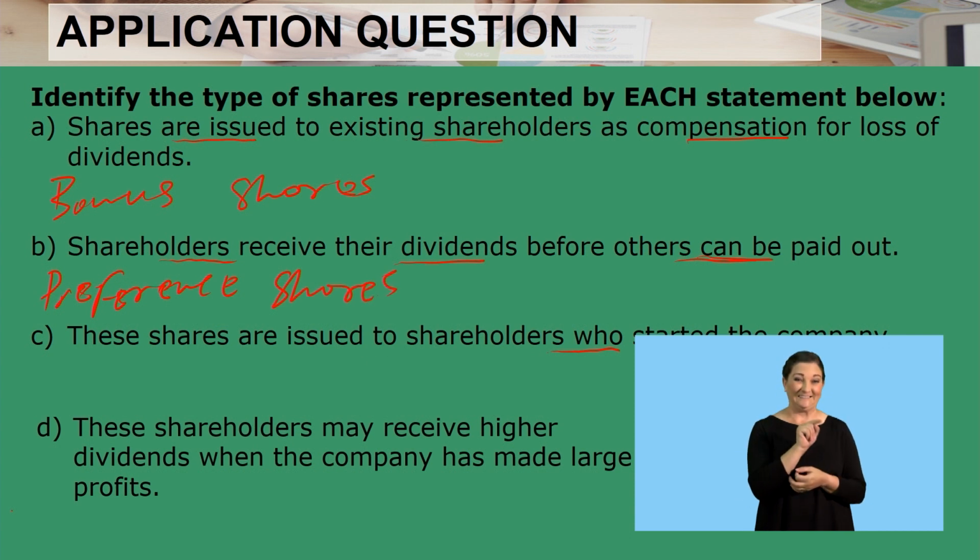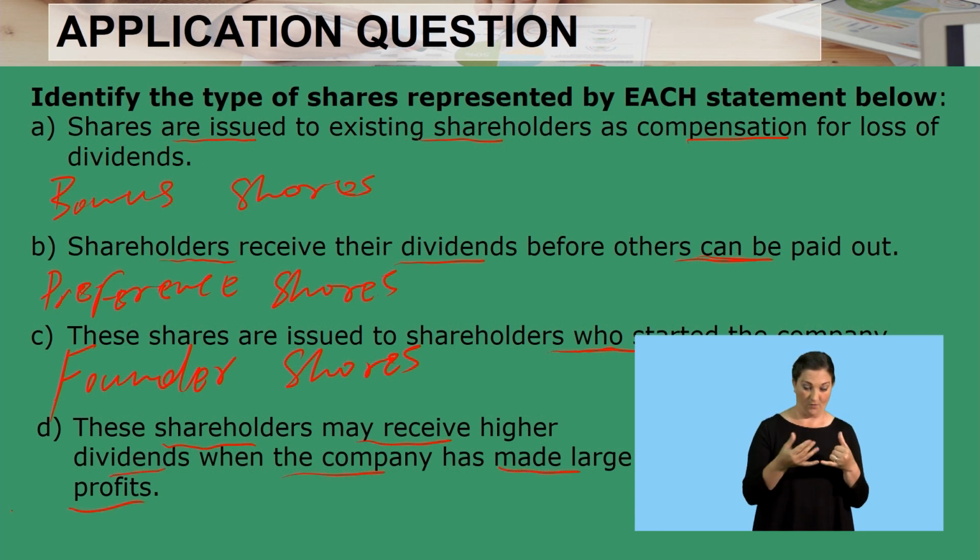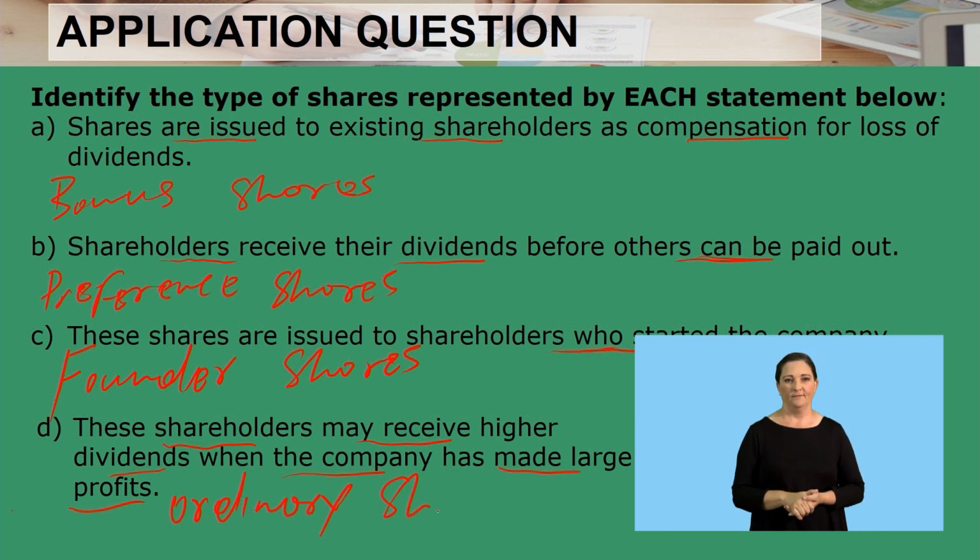Then these shares are issued to shareholders who started the company. So this would be your founders' shares. Then with your last statement, these shareholders may receive higher dividends when the company has made more profits. So that would be your ordinary shares.